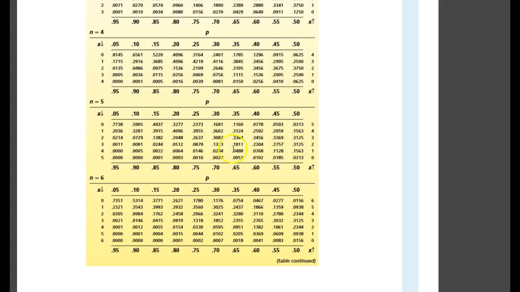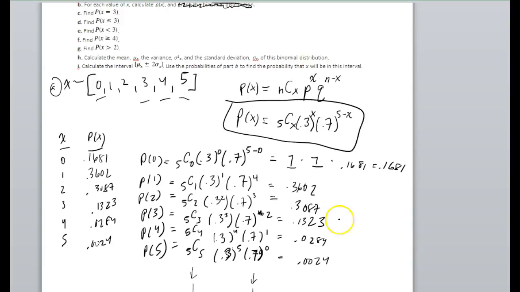Yes. 0.1323, 0.0284, and 0.0024. And that's exactly what we had down here. So that's an easy way to do it. That's a way that you don't have to run through a laundry list of calculations to do. So that's how I would expect you guys to go about doing it on the homework.